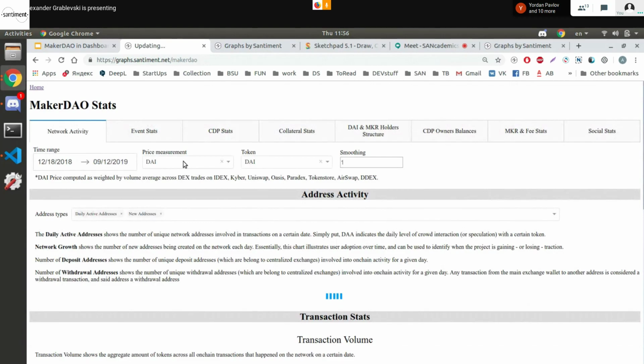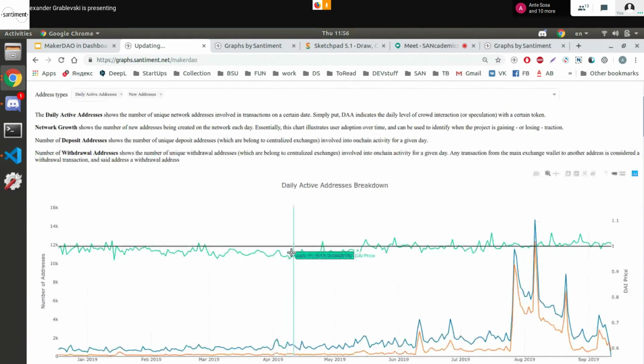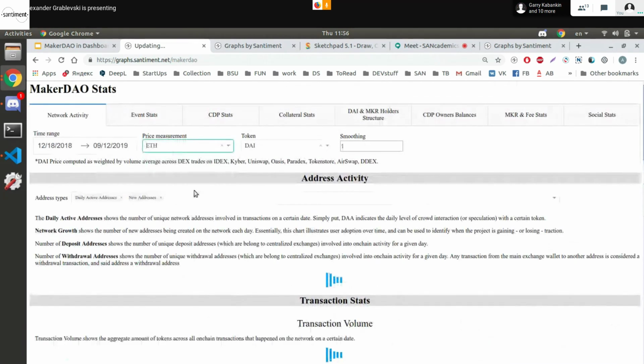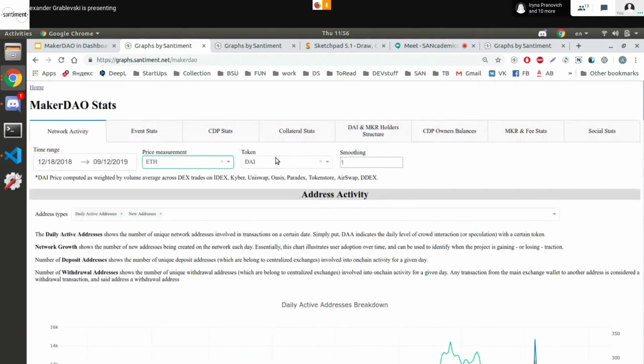Price management lets you plot the price of ETH, DAI, or Maker on the graphs. Here you can see the DAI price, but if you want, for example, to compare it with the ETH price, you just change it here, and now you see the ETH price, not the DAI price. Token is the token you want to explore.